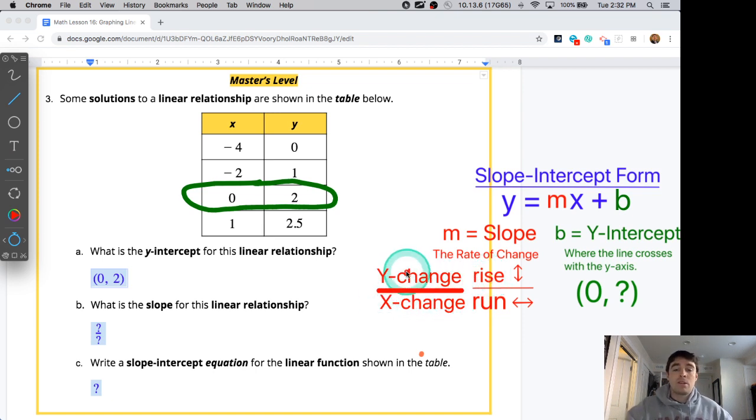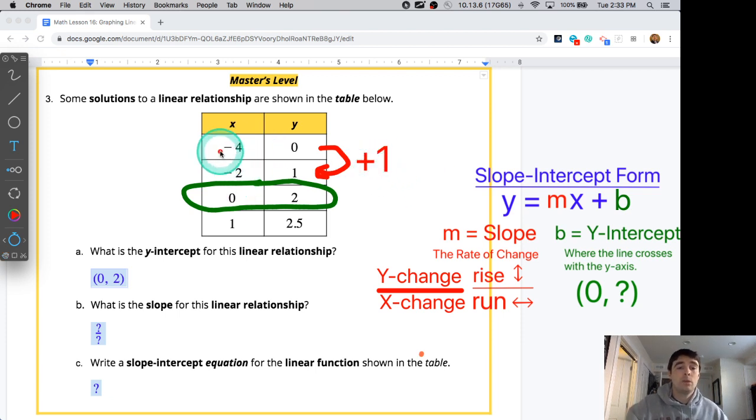So rise measures y change, up and down. Run is on the x-axis. It measures how much the x changes. So I'm going to find 2 data points here. I'm just going to use the first 2 data points, and I'm going to measure how much the y changes. Y goes from 0 to 1. So that tells me that y must have gained value, specifically y gained 1 unit of value.